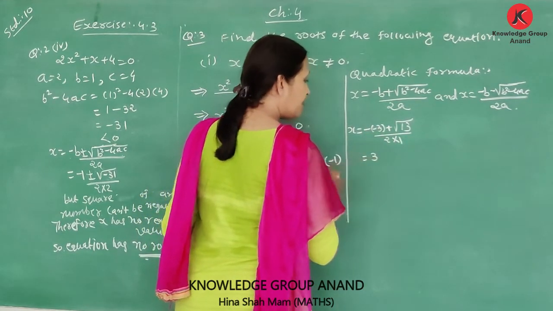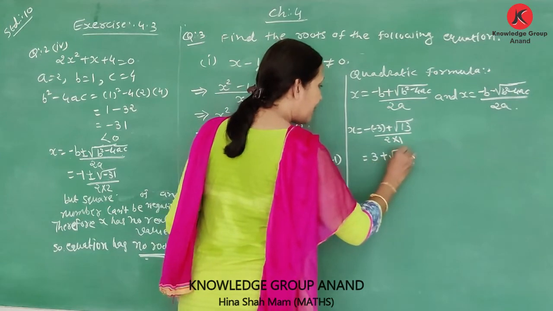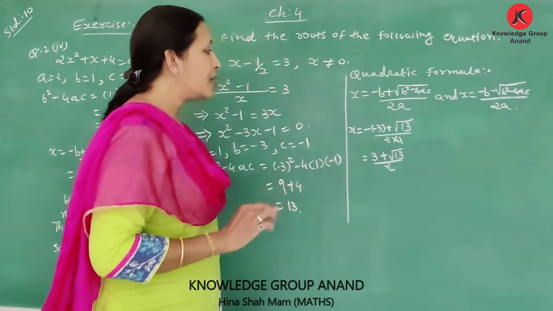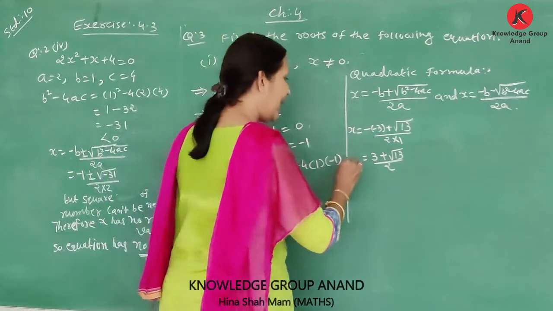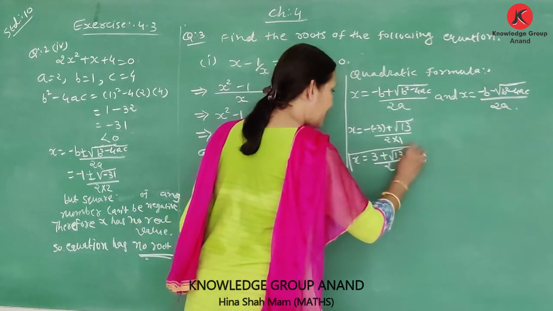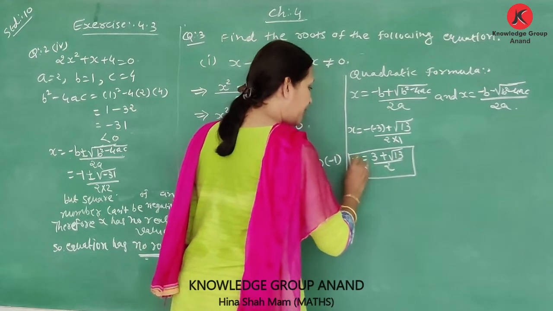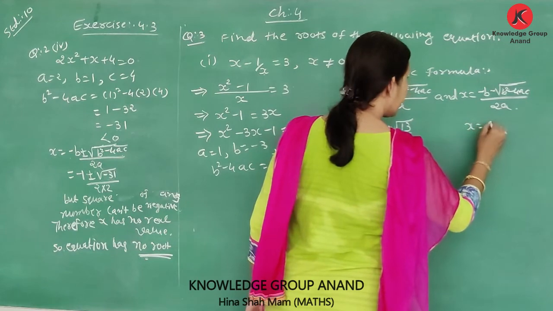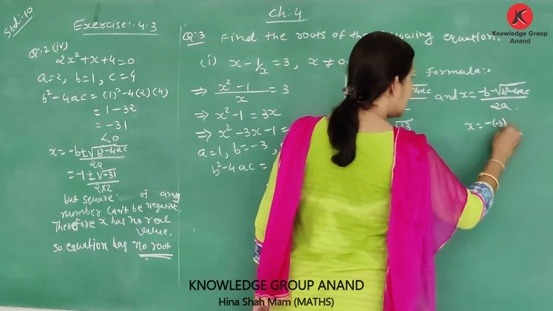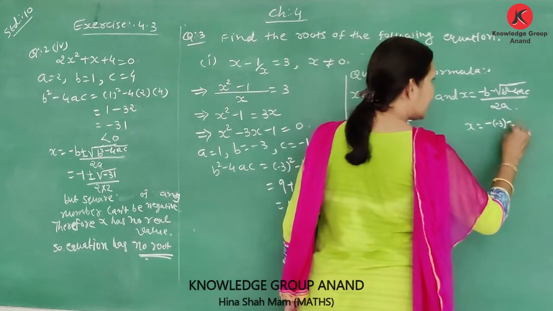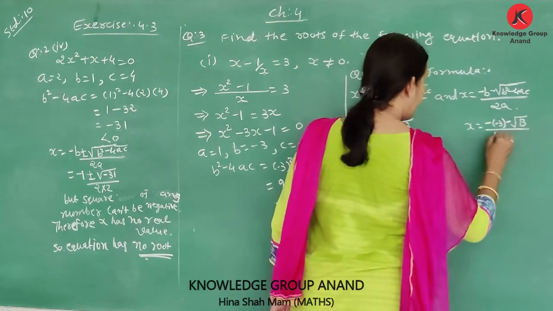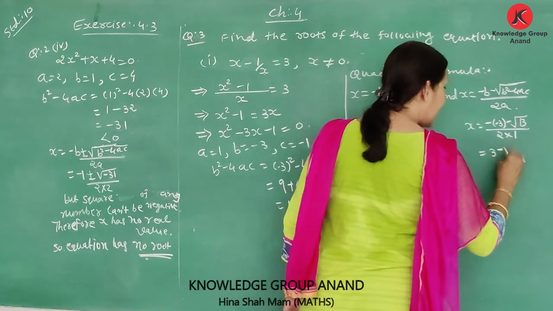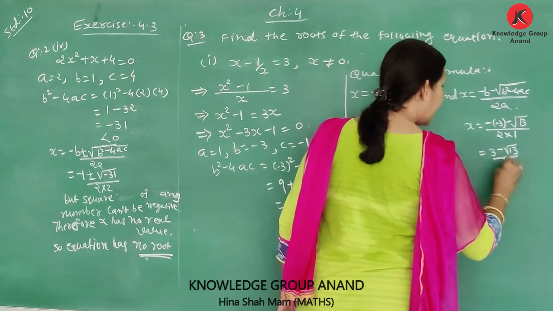Minus minus plus, 3 plus root 13 upon 2. x is equal to 3 plus root 13 upon 2. x is equal to minus of -3 minus root 13 upon 2 into 1, equals 3 minus root 13 upon 2.